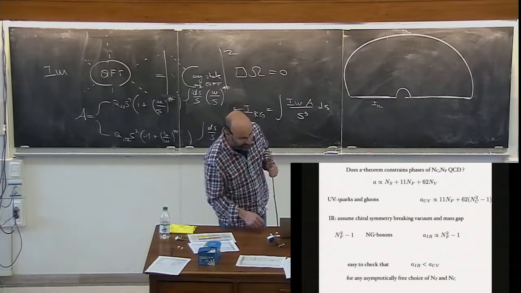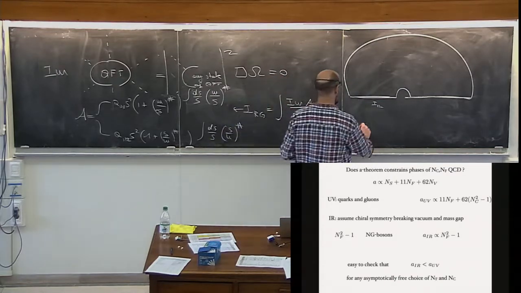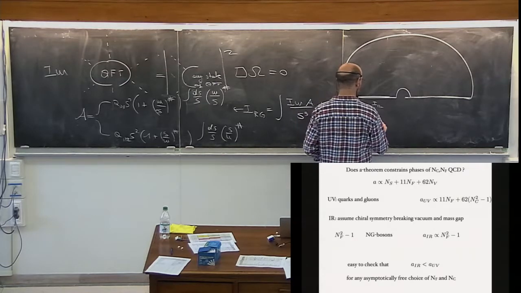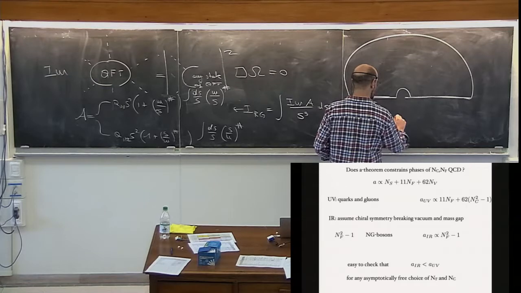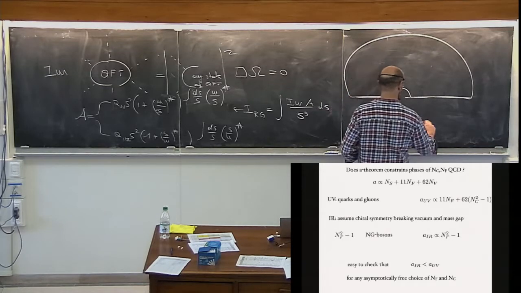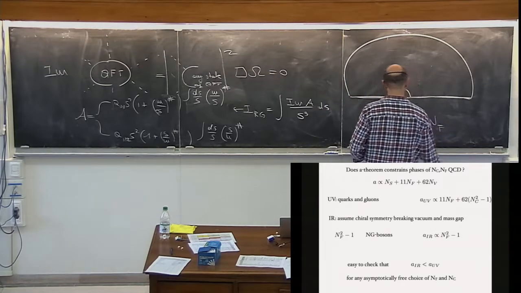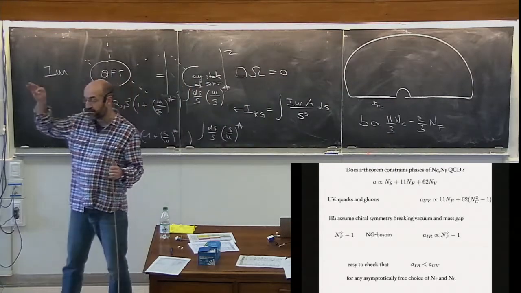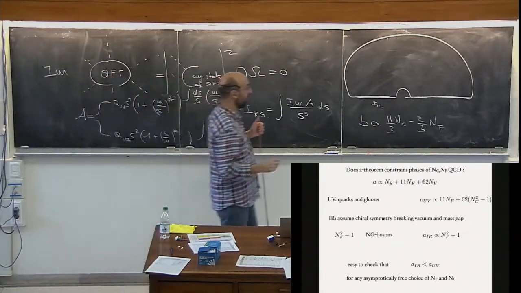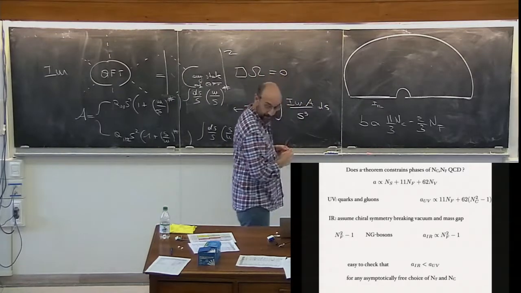Without supersymmetry, it has a one-loop beta function which is proportional to 11/3 number of colors minus 2/3 the number of flavors. For a very large number of flavors, the theory changes as I change the number of flavors.